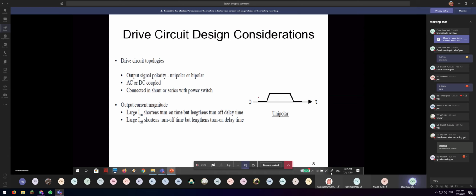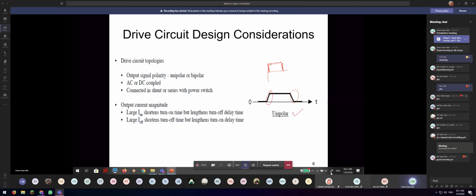So this one refers to the practical switch. Ideally, it should be like this: there is an instant transfer from low to high, with no delay. But in practice, there will be some losses. So this one is just like a unipolar signal.